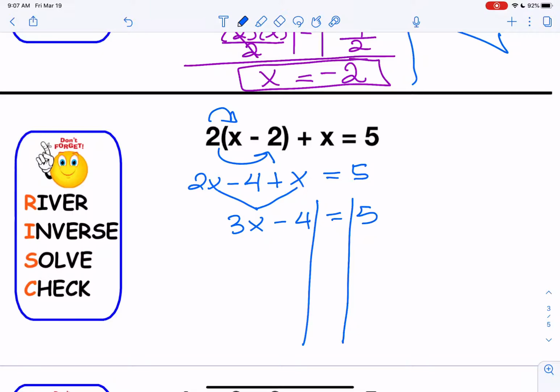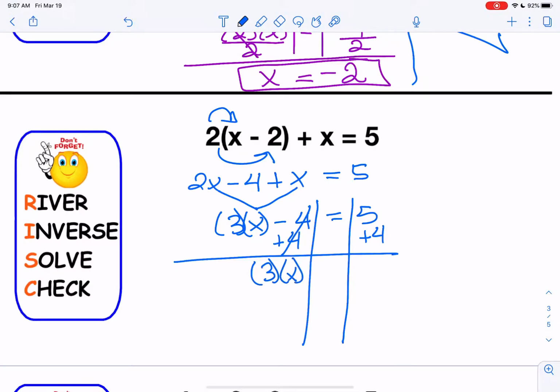If it's 3 times x minus 4, we're going to address the subtraction first because we're doing the opposite of order of operations. So the opposite of subtracting 4 would be to add 4. Whatever I do to one side, I have to do to the other. 4 minus 4 is 0, and 3 times x is going to equal 5 plus 4, which is 9.